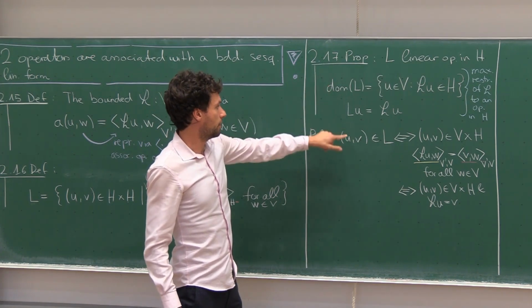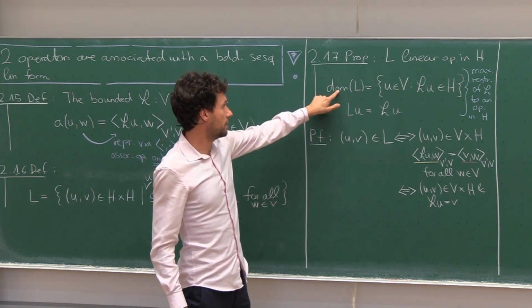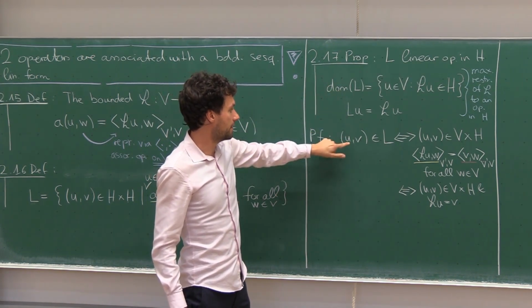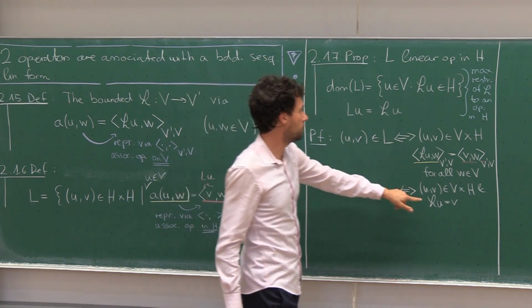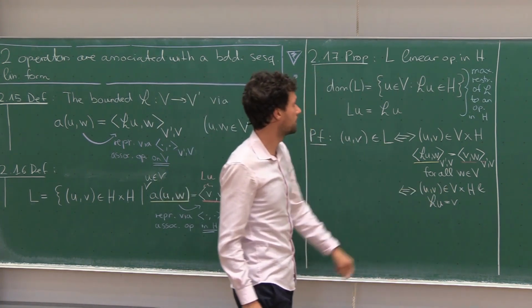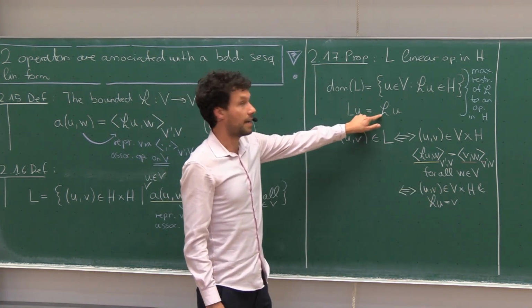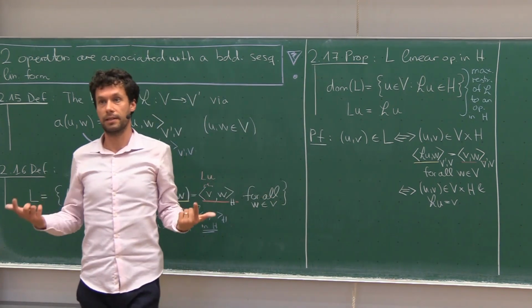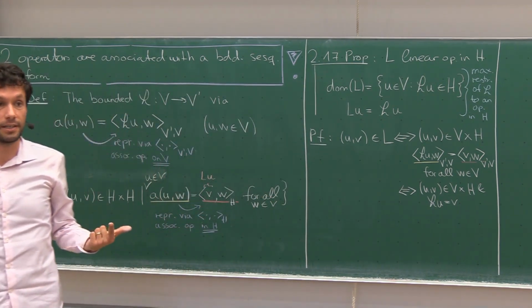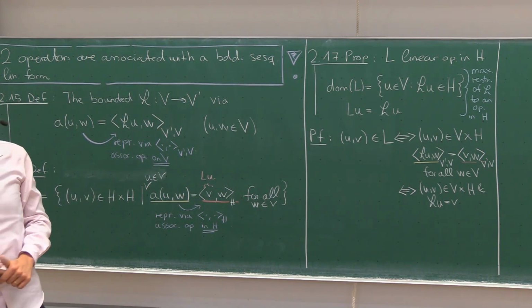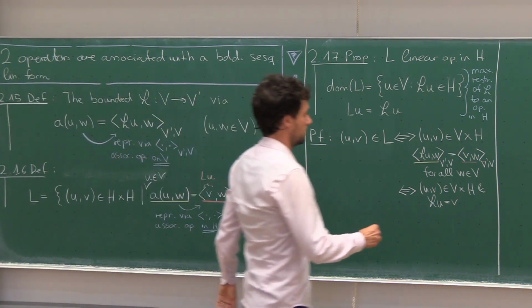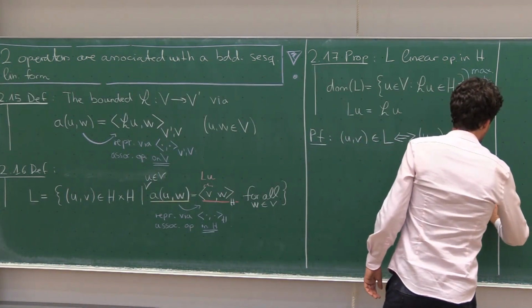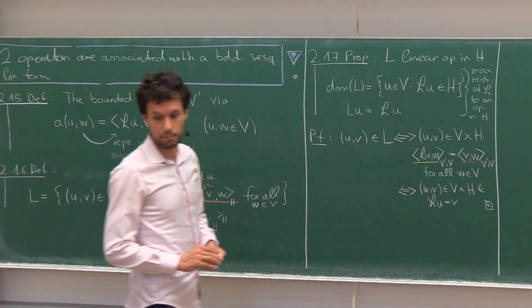And so if you look at what happens in the first component, you see that the domain of L are precisely the elements in V, such that L of U is in H. You see that the operator acts consistently with this guy. So in particular, the L, initially defined as a linear relation, is a linear operator. Okay, so that's the proof.